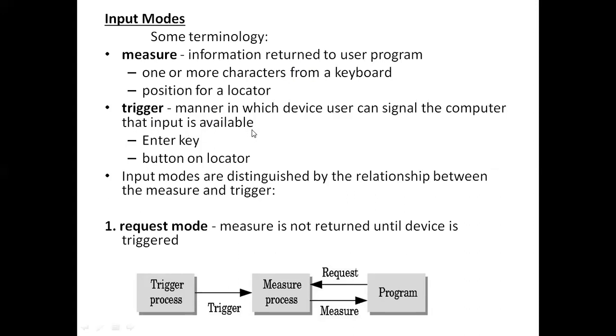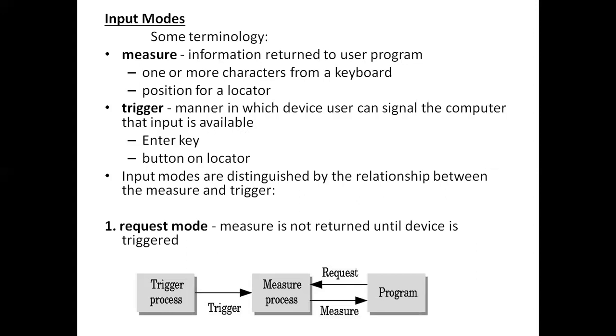An example for a trigger: if my input device is a keyboard, after giving the input, how do I tell the program or computer that input is ready? By pressing enter. After giving the input, if you press enter, that input will go to the program, it will process it, and it will give the output. That means enter is the trigger here.